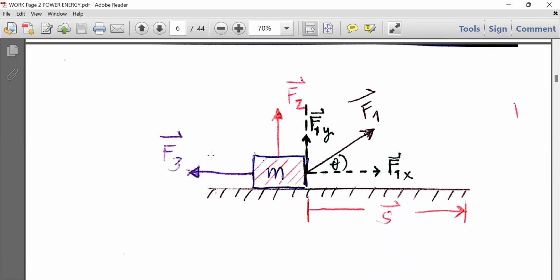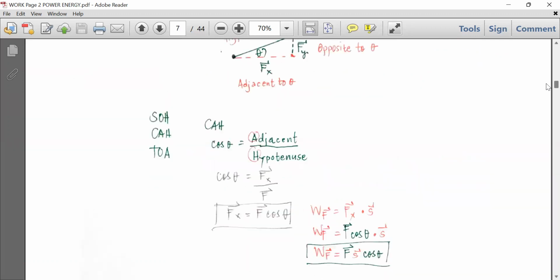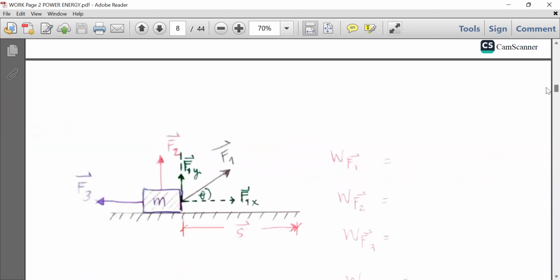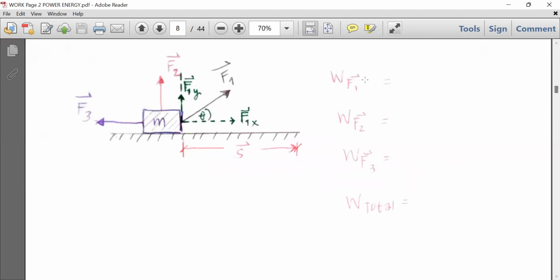Then you solve for F2 and F3, add all the work done by these three forces, and you get the total. Like this: work by F1, work by F2, work by F3, and then you add all of it, the sum of all the work done on this object. Okay, how are we going to do that?